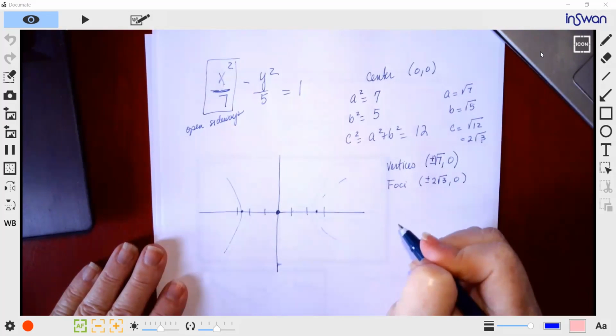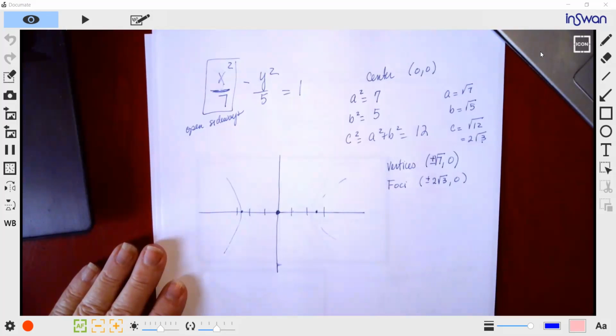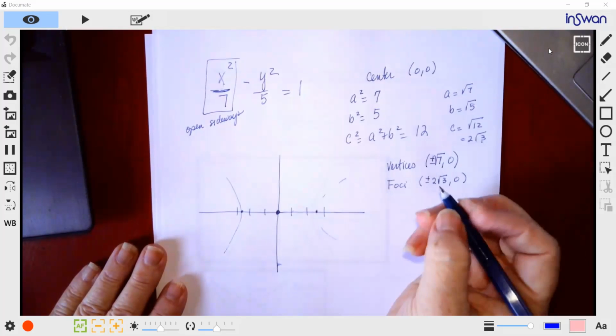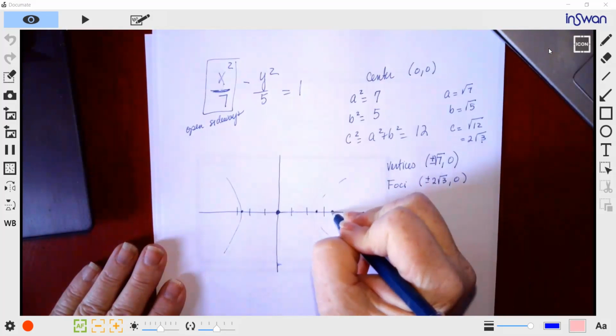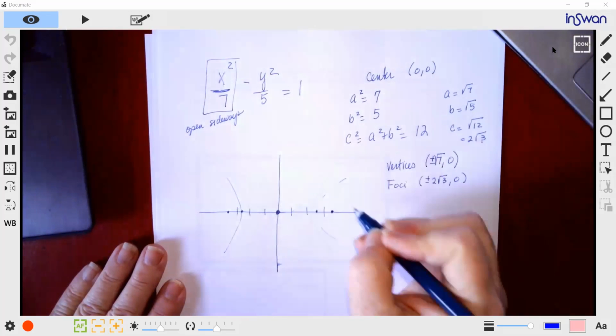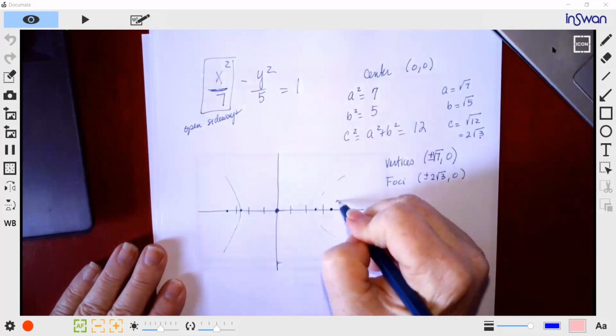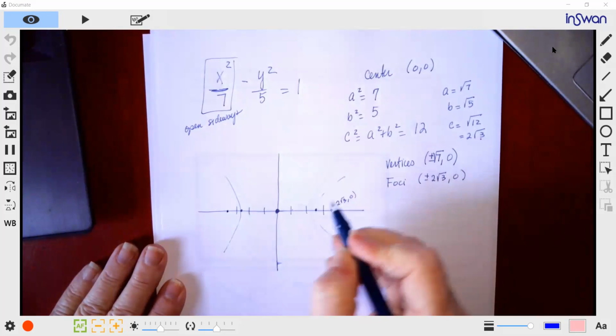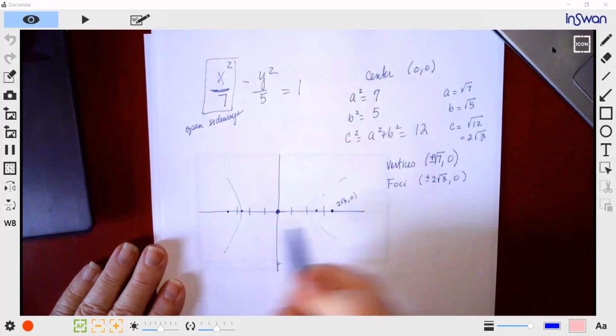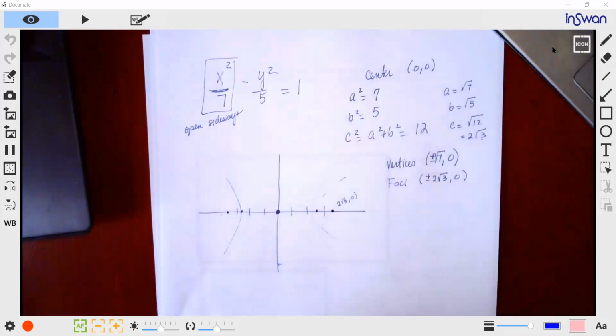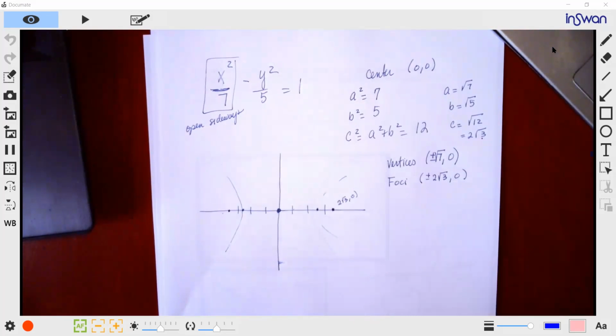Let's see, 2 square roots of 3 is approximately a little bit less than 4, so 3.4-ish. Okay, so this would be a focus. Now, just like with a parabola, your foci will always be inside the bowls of the two ends of your hyperbola.